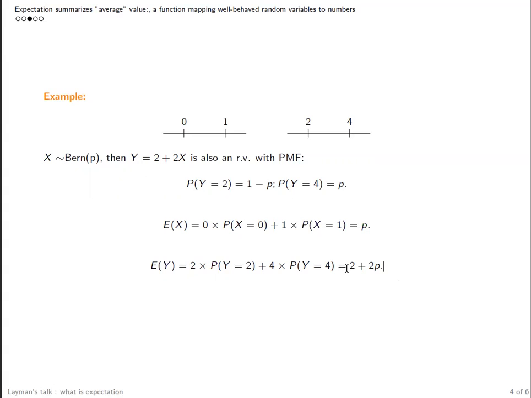That is indeed what we have here. The expectation of X is equal to p, and the expected value of Y is 2 plus 2p, which follows exactly the same linear transformation.